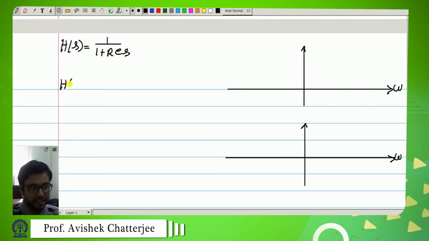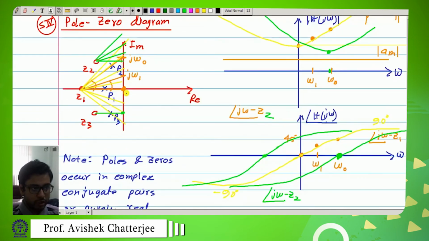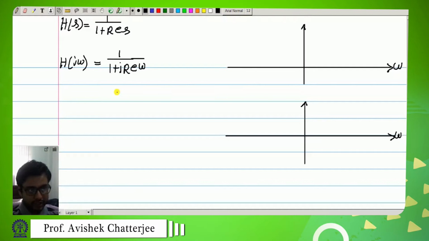That means H j omega, the Fourier transform of the impulse response, is equal to 1 by 1 plus RC j omega. Okay, and then you can use the concept of this pole zero diagram now, or you can do it even directly, because this is quite simple.